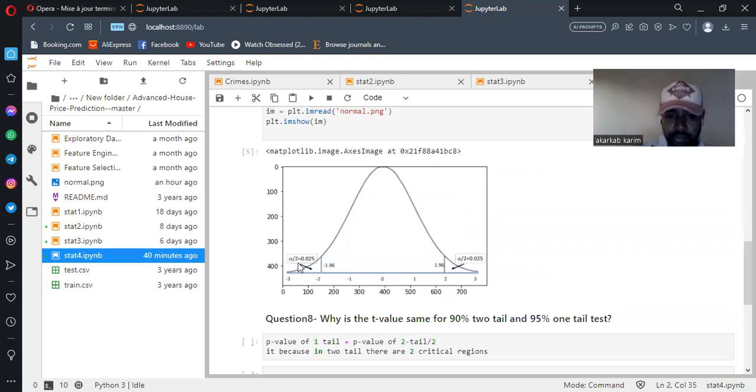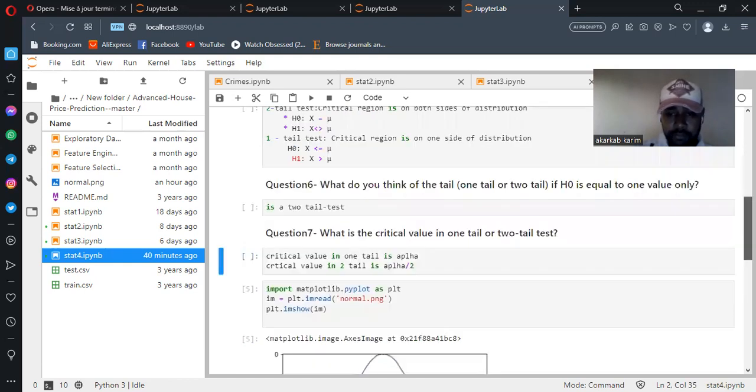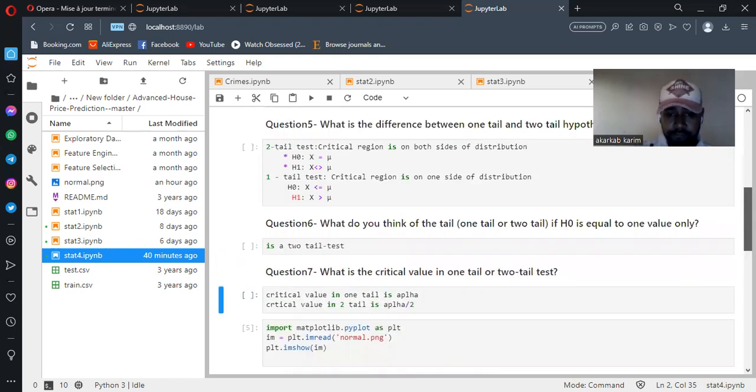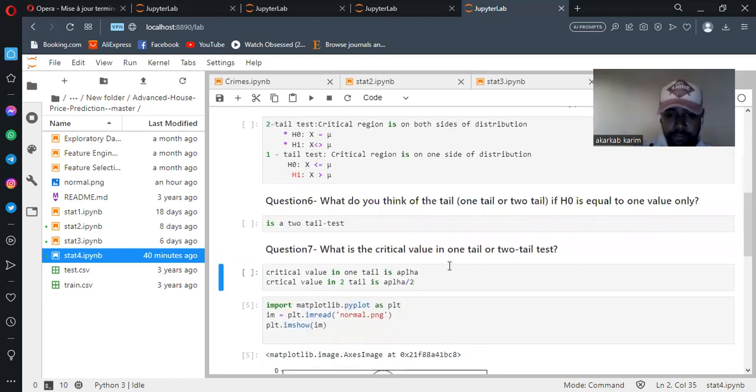In this case we divide by 2 because it's a two tail test, but in case of a one tail test, 5% will be here or here. Okay, I hope that's clear for you. But the critical value in a two tail test is alpha divided by 2.